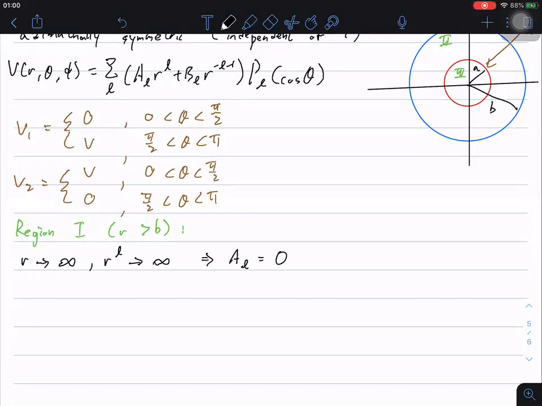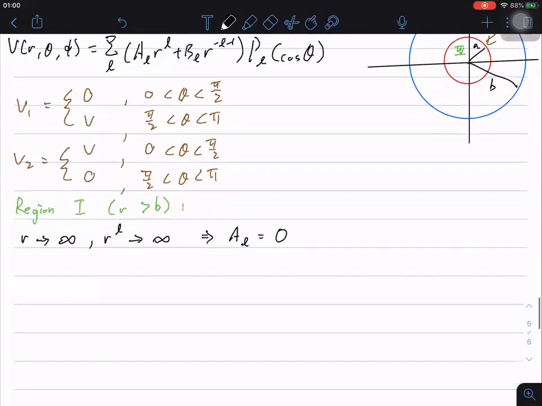Otherwise, the potential will grow to infinity. So what we are left with for region 1, the potential, is just BL multiplied by 1 over R to the power of L plus 1, and also the Legendre polynomial.